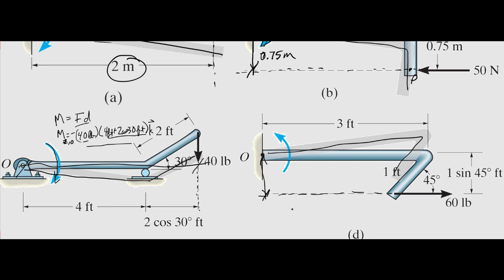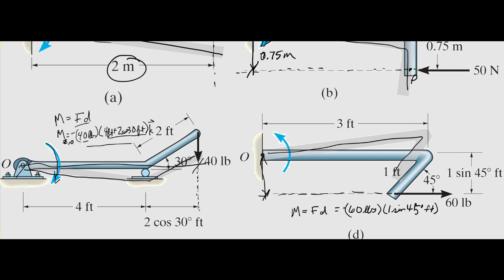So the moment, we'll do FD this way, is equal to 60 pounds times 1 sine 45 degrees times feet. And you can go ahead and calculate that out, but this is how it's done.